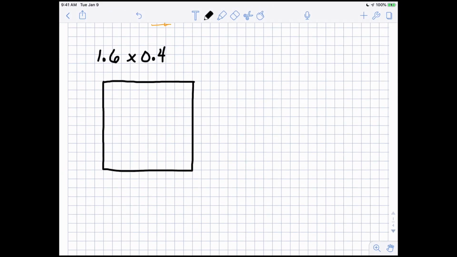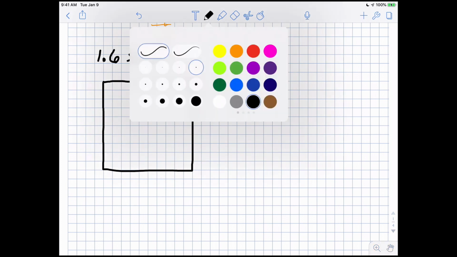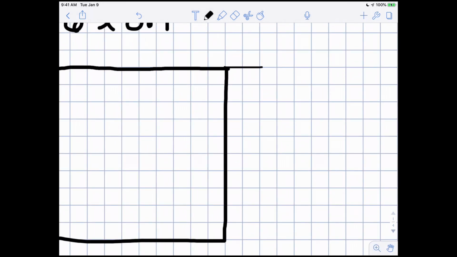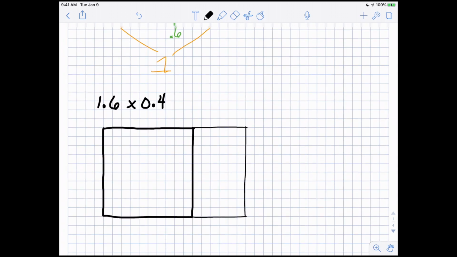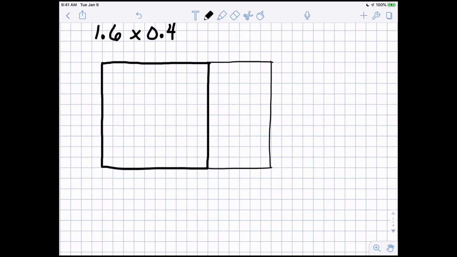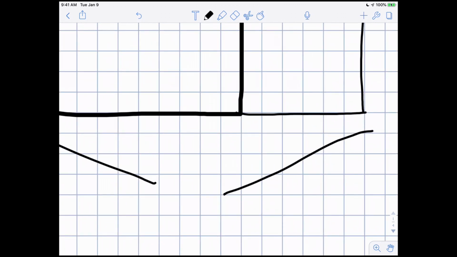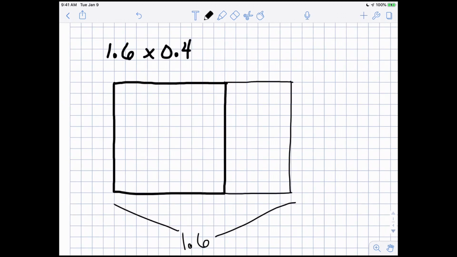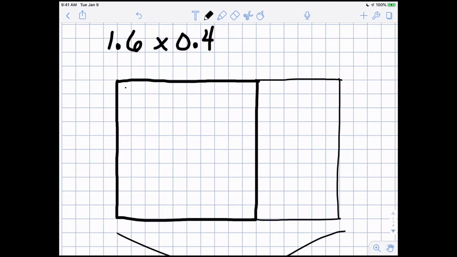Now let's do it pictorially. So if we want 1.6, well, right now we only have a 1 by 1. So I need to add on 6 tenths more. 1, 2, 3, 4, 5, 6. And then I'm going to go down. All right, there is my 1.6 going across. But I only need 0.4. So if I wanted to, I could go 1, 2, 3, 4.